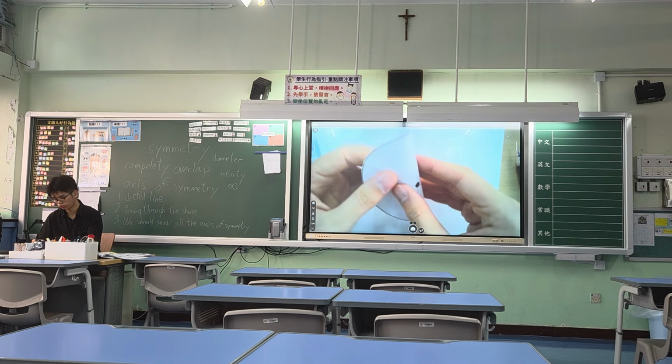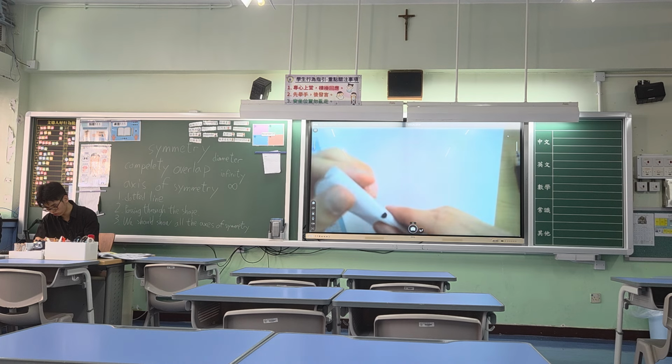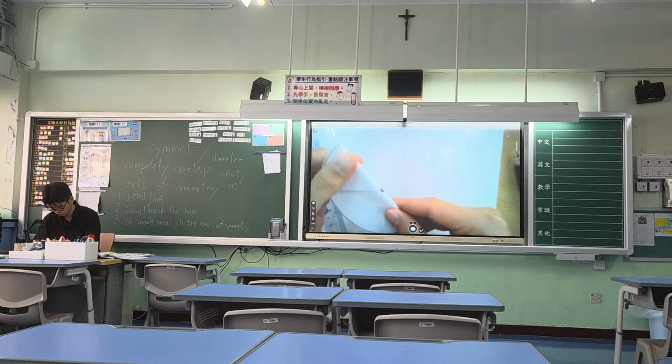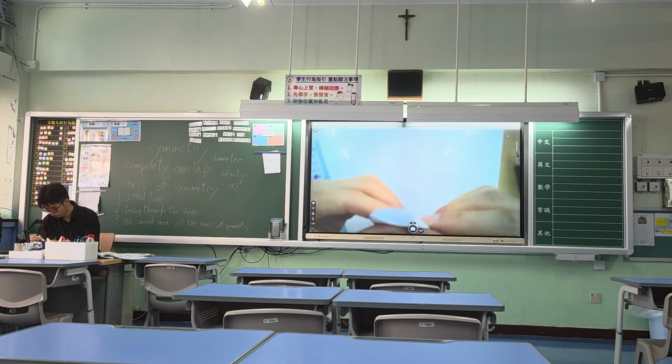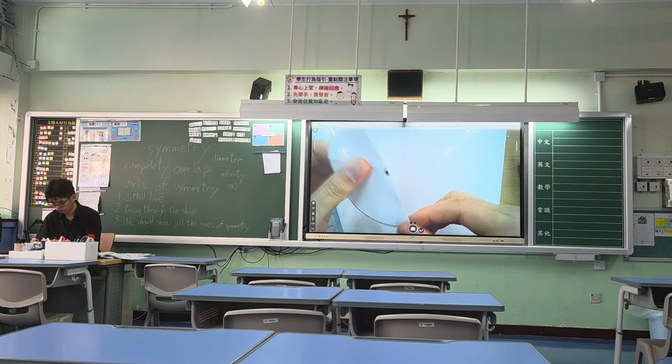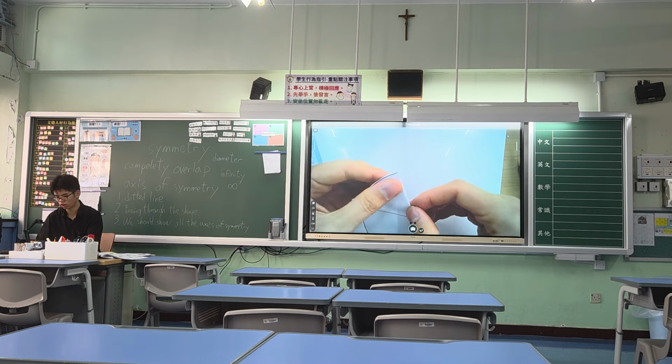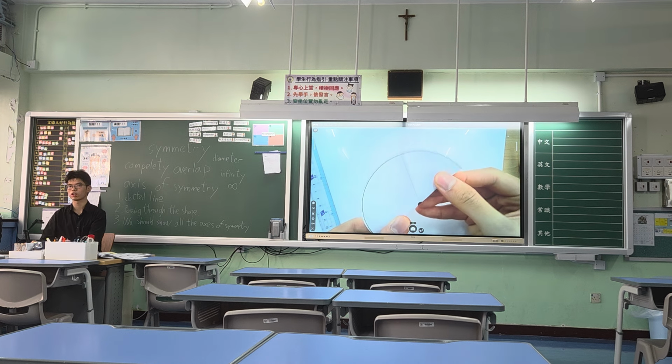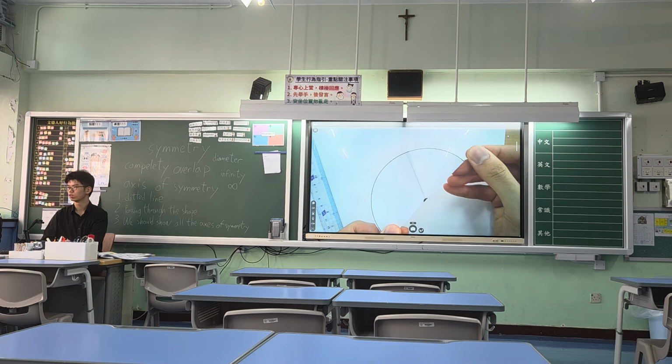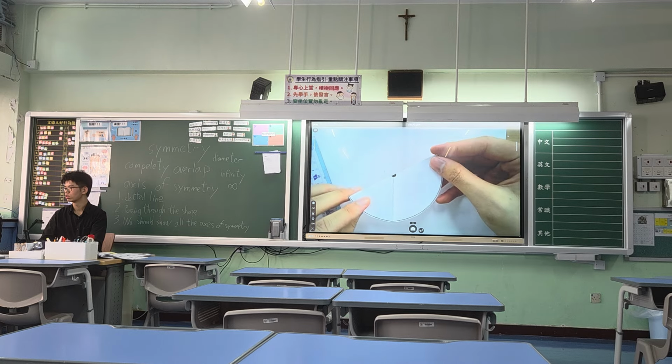Similarly, let's fold along this new diameter. We still get a completely overlapped shape. See?